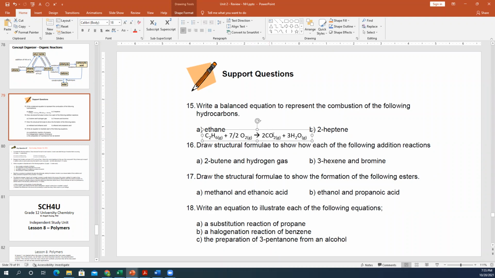We need carbon dioxide, and we need water. Water, exactly. So these are the 3 things that are going to be together with whatever else we are combusting. That is going to react with O2. It's going to make CO2. It's going to make H2O. And then finally, we have to balance it. And then you just balance it like we just did in this example. Okay.